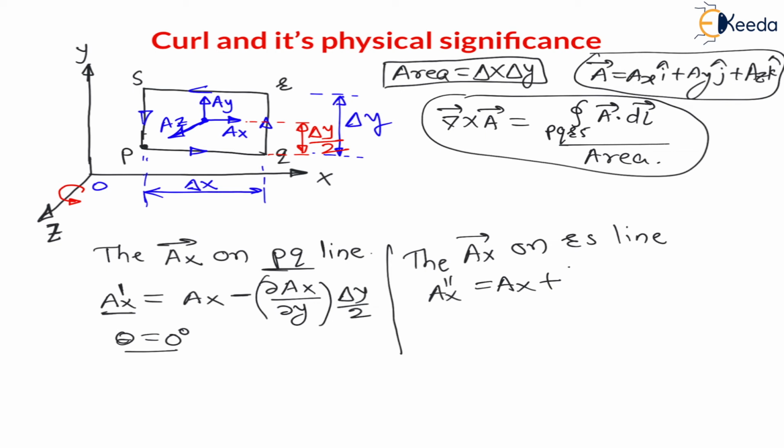Therefore partial change in AX along y direction, dou AX divided by dou y, into by what magnitude you are going upward. See, again you are going upward by del y by 2 magnitude. Therefore we have to multiply this to get total change. We have to multiply with del y by 2. This is the vector field on line RS.